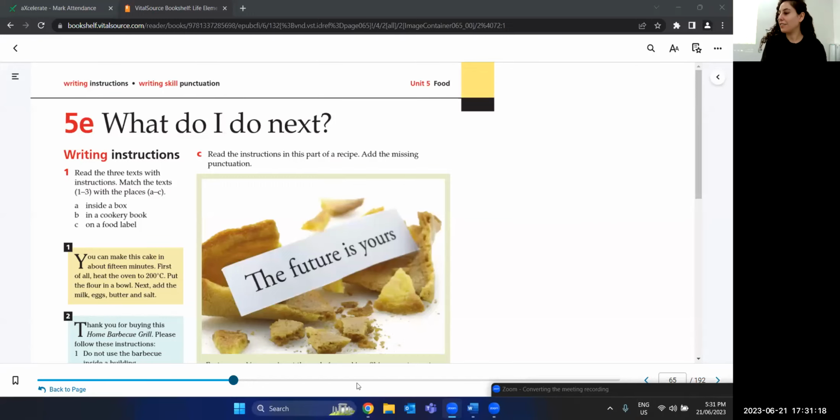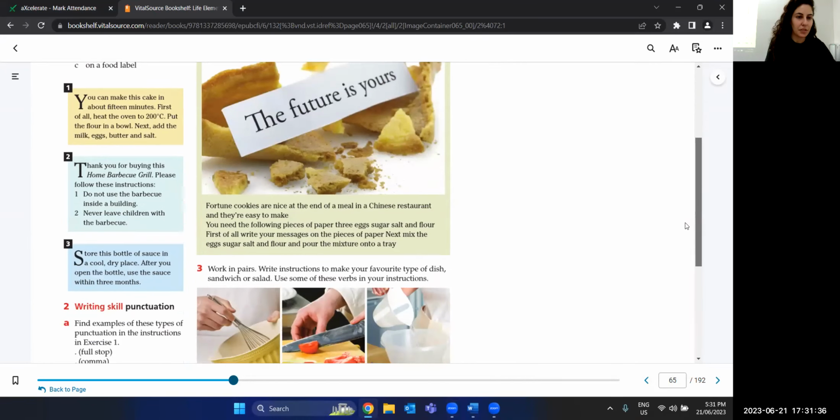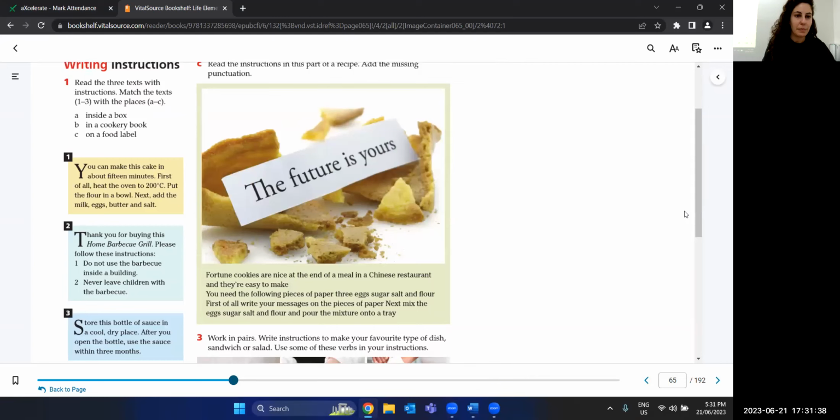So Unit 5, 5E, page 65. What do I do next? So writing instructions. So we've got 3 texts. And we can see number 1, number 2, and number 3. Match them with the places.